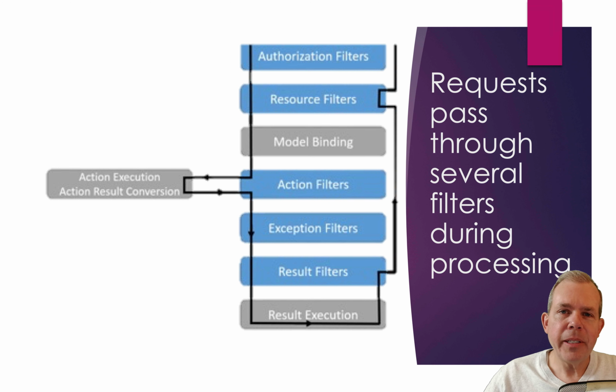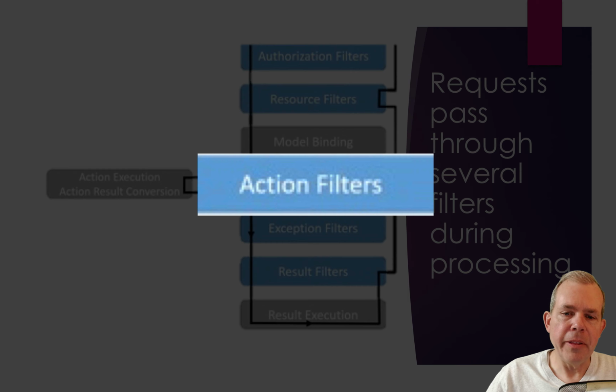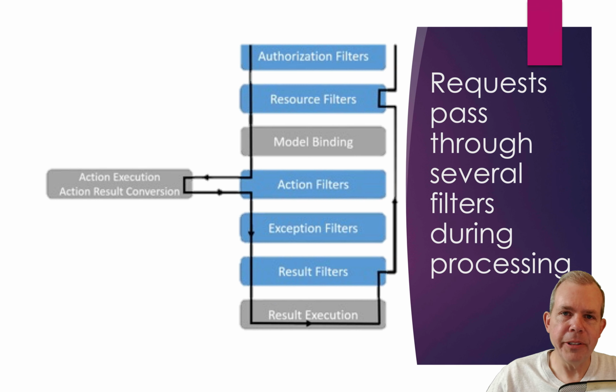Well, the exception errors are going through some kind of a filter. So what we're doing here is just looking at one of the many things that happen during the processing of one of your click events or one of your controller events. C# and ASP.NET allow us to do some customization in this area called action filters.